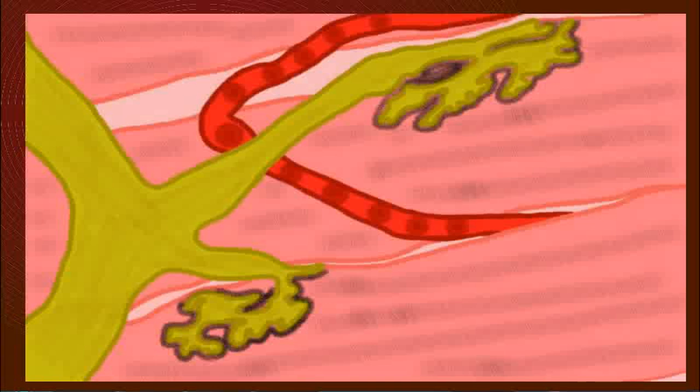Now, here's a cartoon of an electron micrograph that shows 3 muscle fibers and how one nerve, Dr. Christie would tell you that one nerve can innervate many muscle cells, but only a muscle cell is innervated by one nerve, right? So that's what's showing here. And then you have your capillary that's delivering what, Lance?